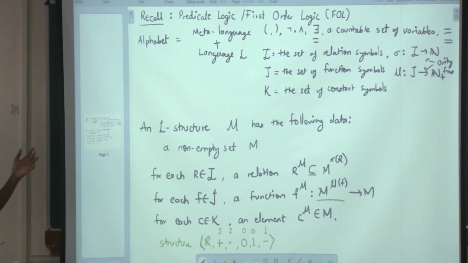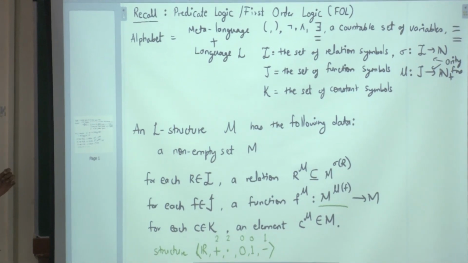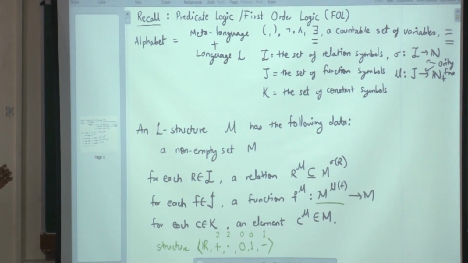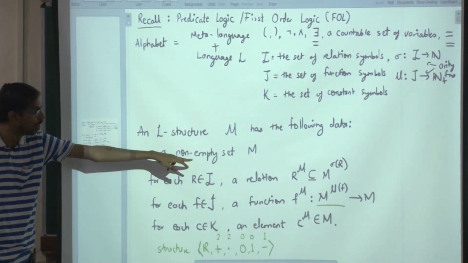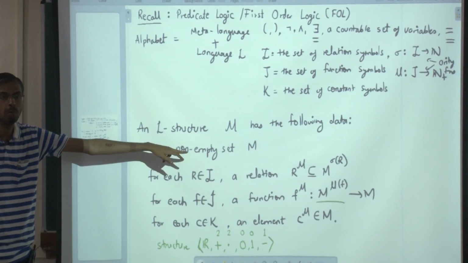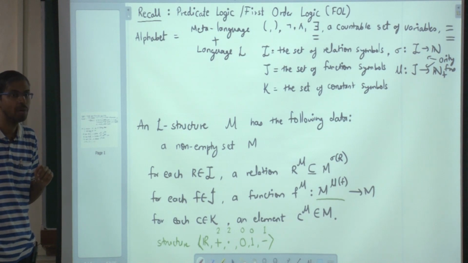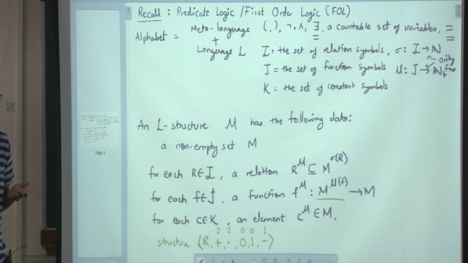Now I just want to raise a similar question for zero-ary predicate symbols. What will it be? R to the power M, if R is a zero-ary relation symbol, it is a subset of M to the power 0. What is M to the power 0? 1. I mean, it is a singleton.